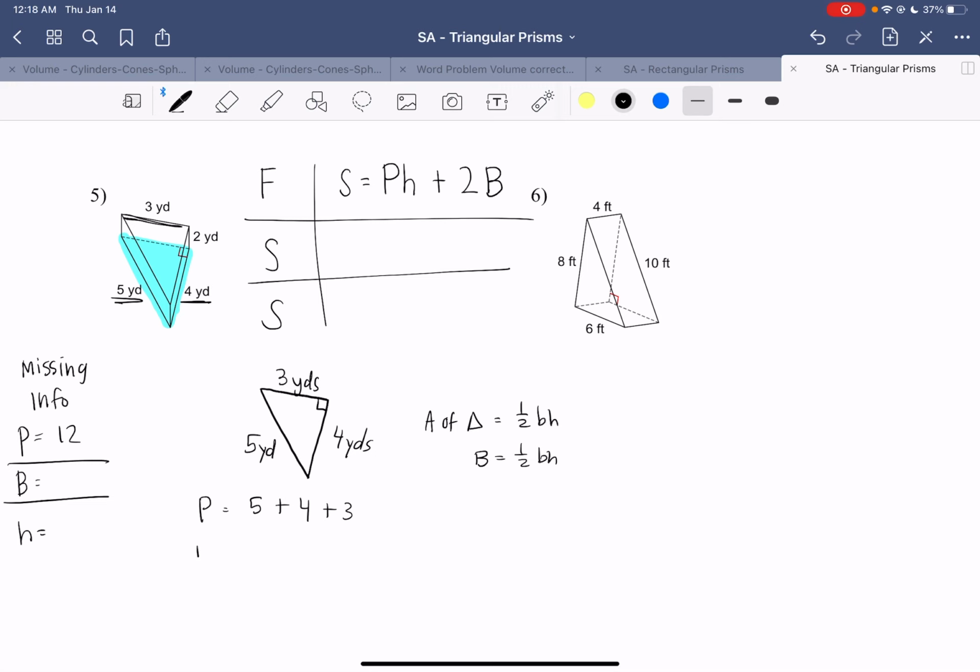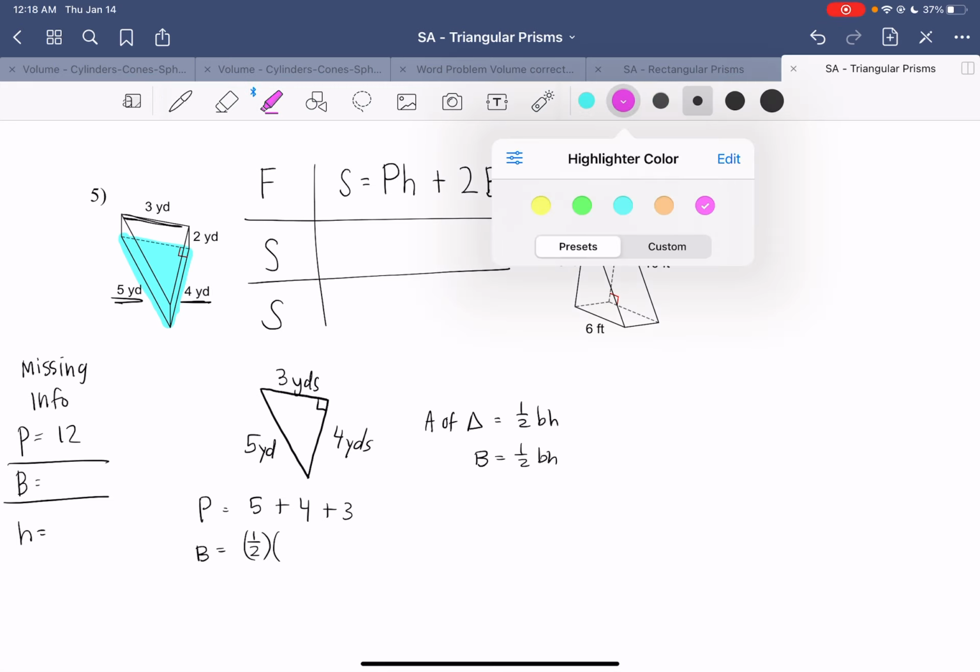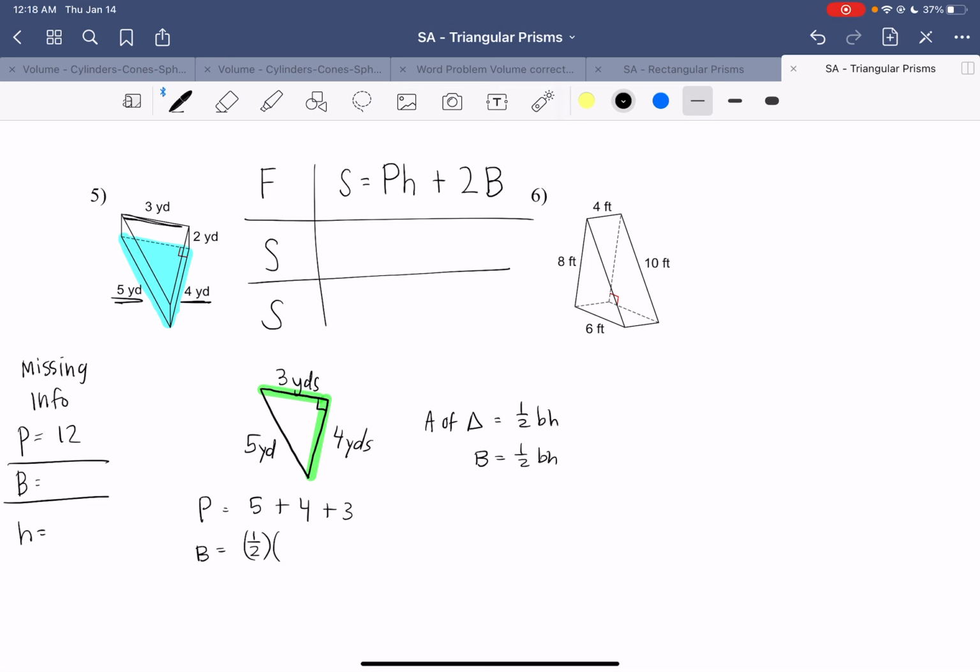So when we find our B, we're going to have 1/2 times base times height, which is what forms the right triangle. So we have 3 times 4. So 3 is our base and 4 is our height. So 3 times 4 is 12 times 1/2 is 6, or you can think of divided by 2.